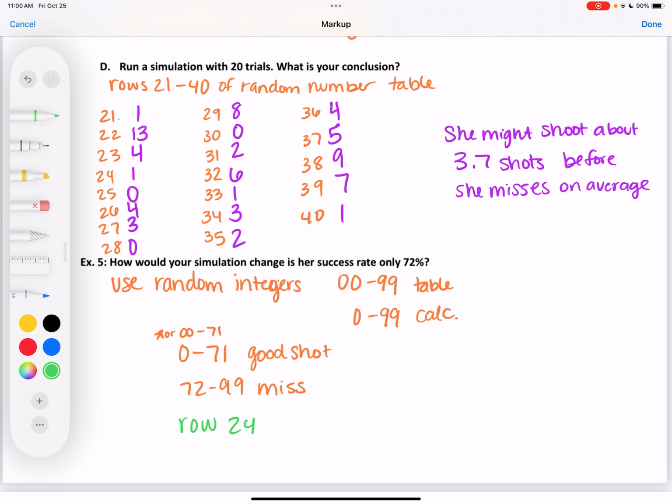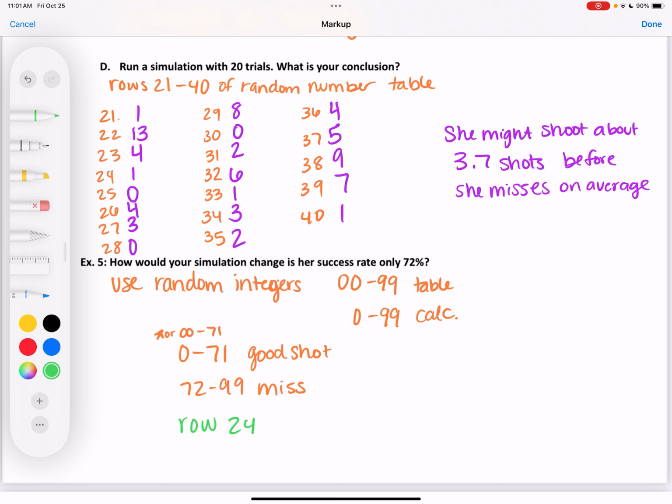Anything above 72 as a 2-digit number is going to be a miss. So in row 24, I've got 69, I've got 23. Now notice these are in increments of 5. So this 8 and this 9 would go together: the last number in the first column and the first number in the second column make that up. So that means that on the third shot, she would have missed under that calculation.